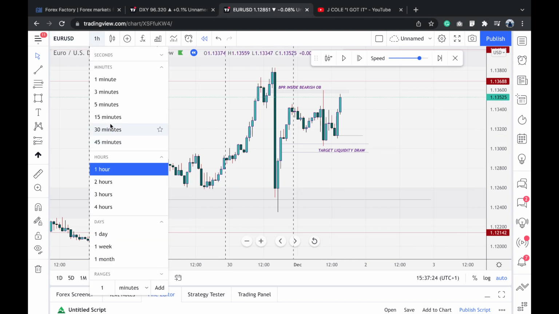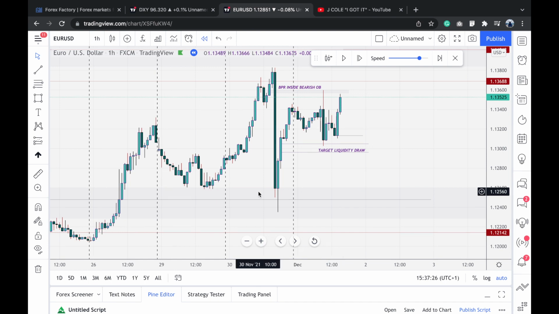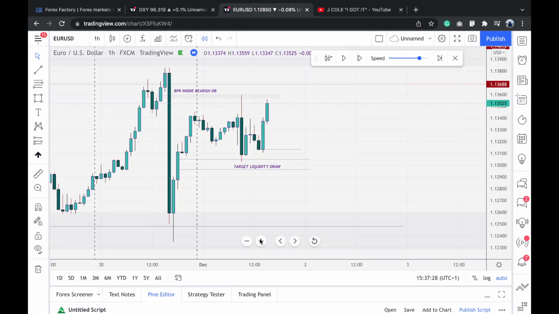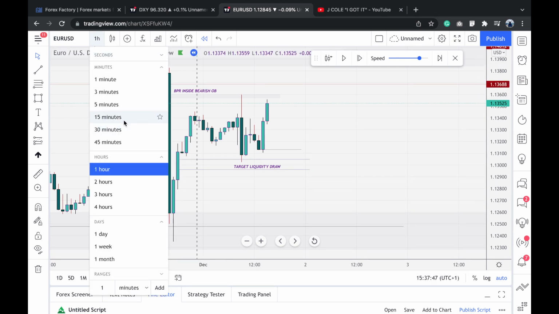Okay, so now what I'm looking for is, is there any potential draw on liquidity? We do have one. We have this bear shadow block. If we want to be bearish, we want to see the market respect this bear shadow block. And what is resting inside that bear shadow block? We have a 15-minute balanced price range, which I'll show you shortly when we get to the 15-minute time frame. And also we have an inefficiency on the downside on the 15-minute time frame.